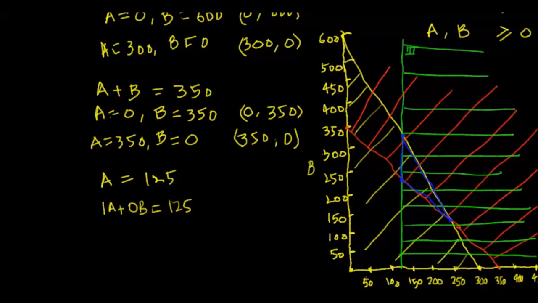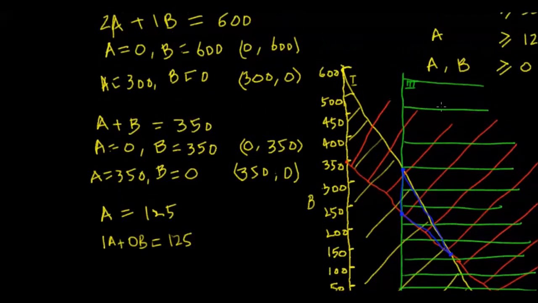So I'll just insert a is equal to 125 in the first equation and get the b value. If a is equal to 125, 125 into 2 is 250. So b is equal to 600 minus 250, which is 350. So 125, 350 would be the first point, this point.